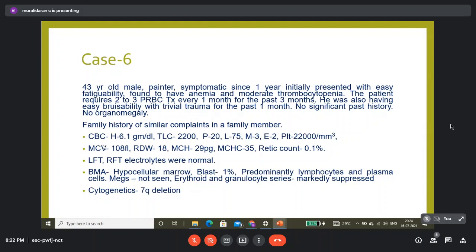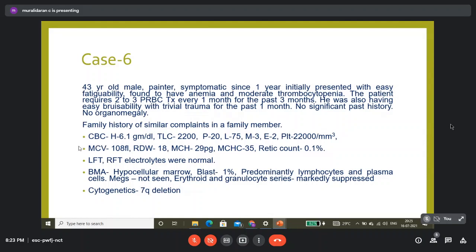He also had typical pancytopenia. He also gives a history of similar complaints in his family members, with similar bleeding symptoms, and he was given some treatment.